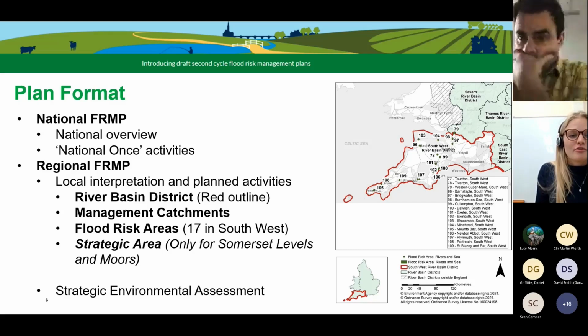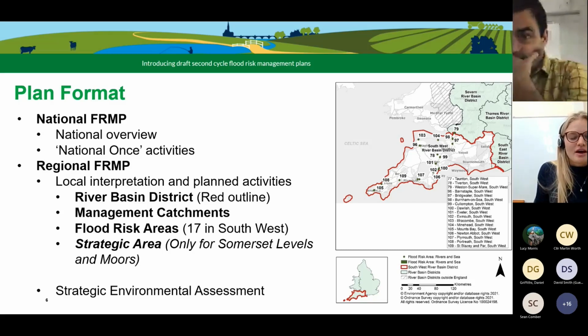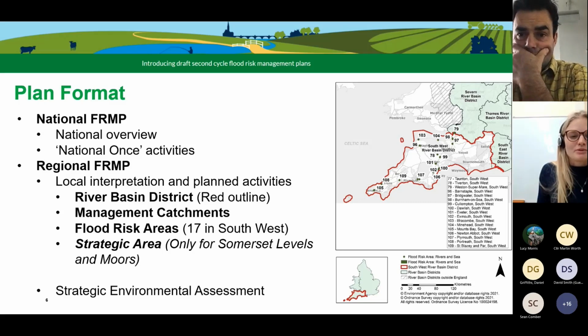And then below that, you've got flood risk area measures. If you remember earlier, I mentioned that it's our statutory requirement to write a flood risk management plan. So the national team have produced some flood risk areas. They've been nationally defined as at-risk areas. For the Tamar management catchment, that's Plymouth.